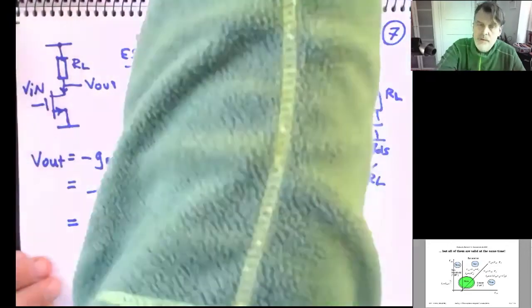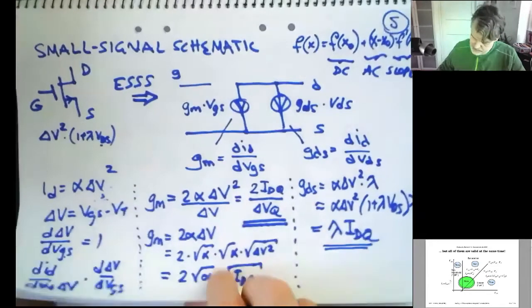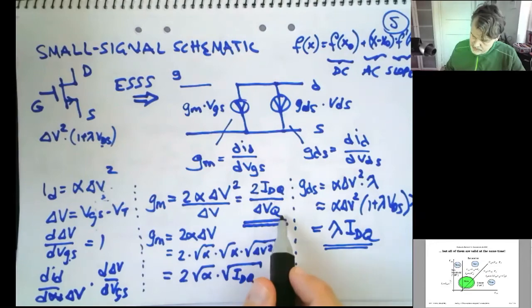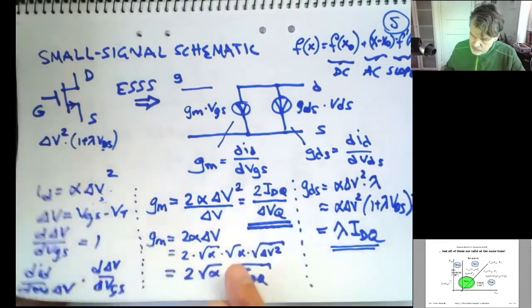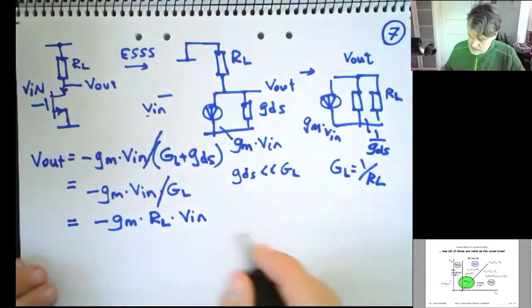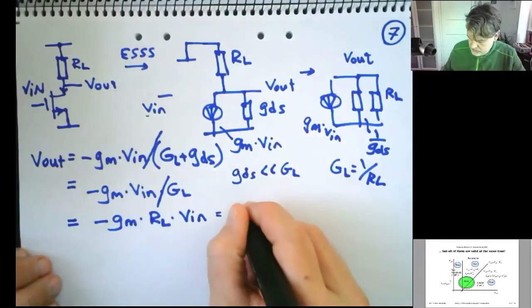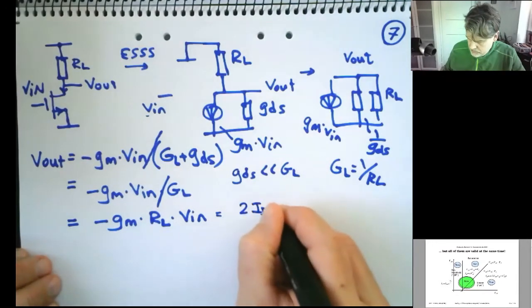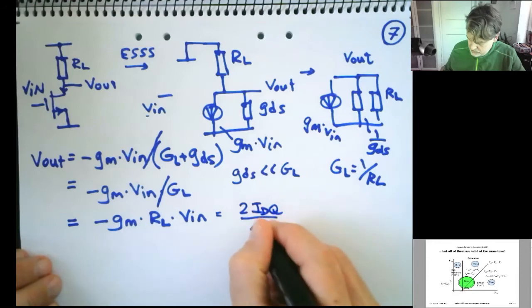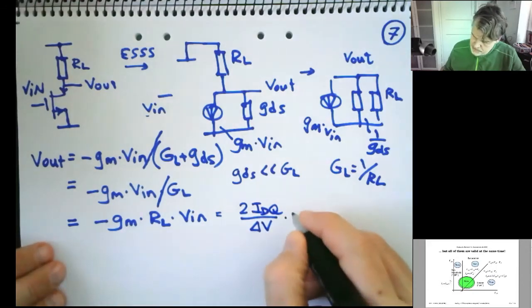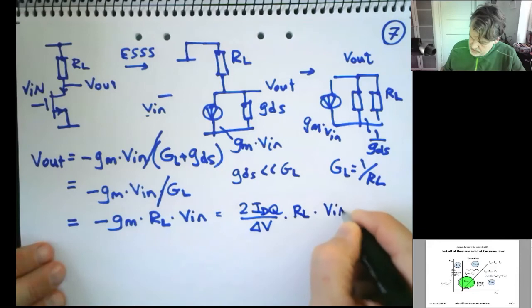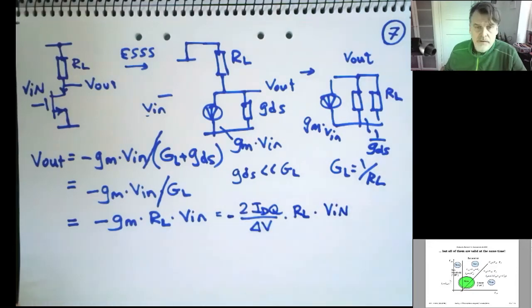And GM we had from the previous paper, 2 IDQ divided by something, for example, times RL times V in minus etc.